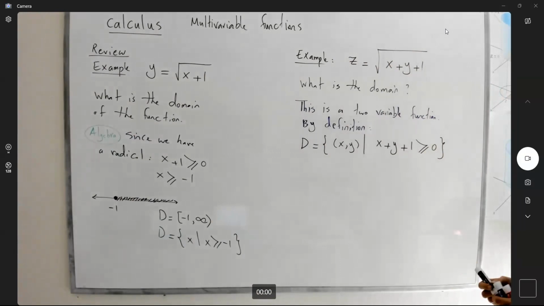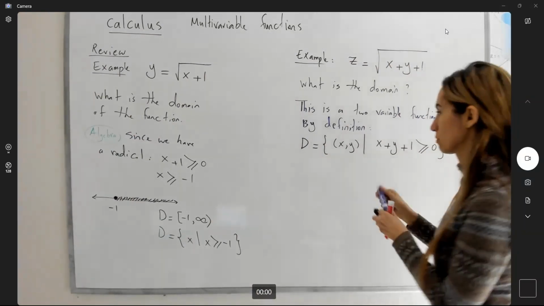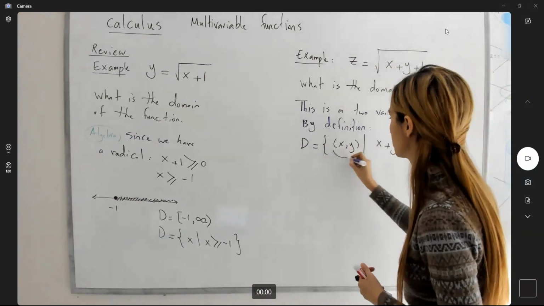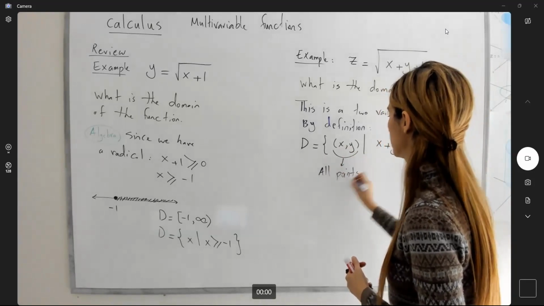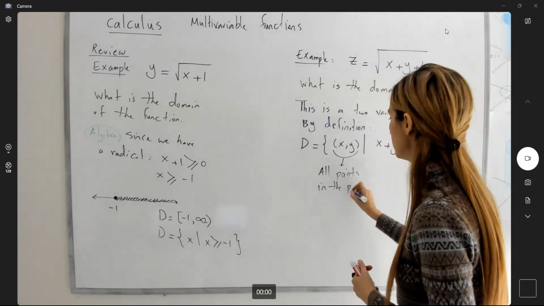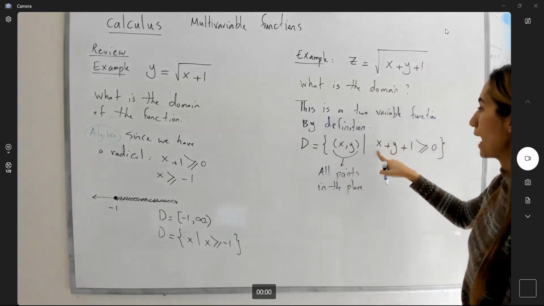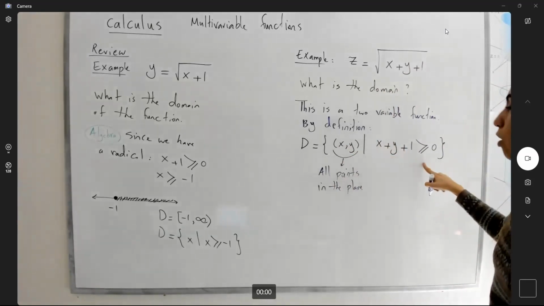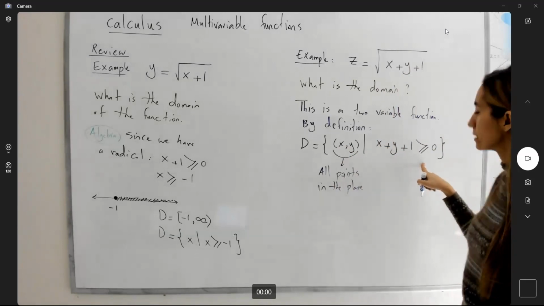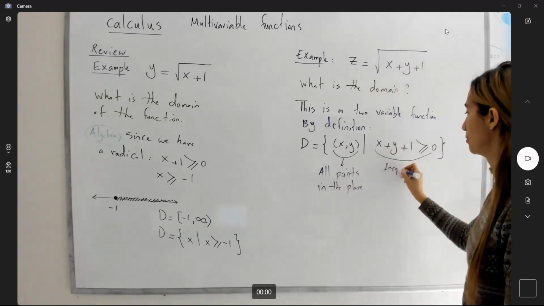So what is this? It says I have all points in the plane such that if I add x and y together plus 1, it is always larger than or equal to 0. You have an inequality.